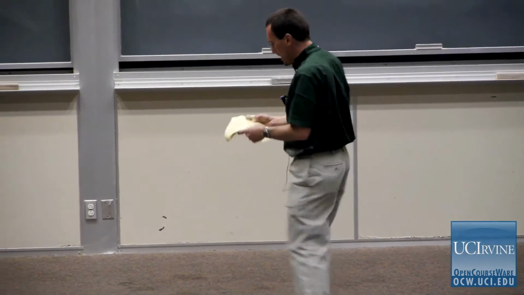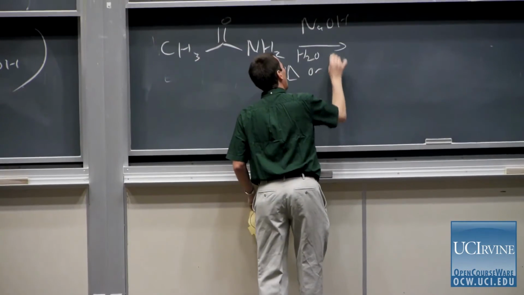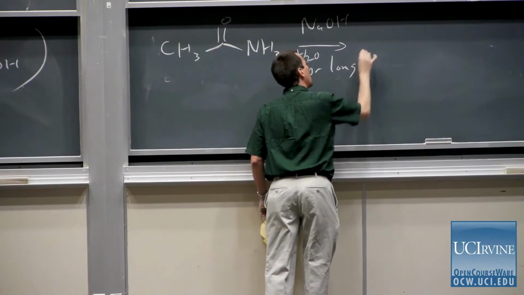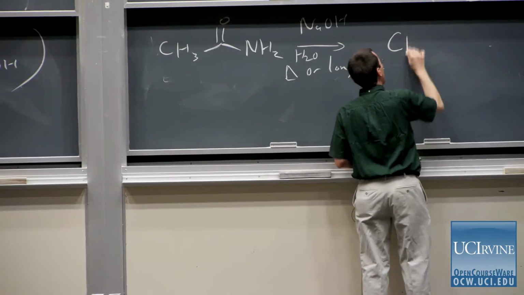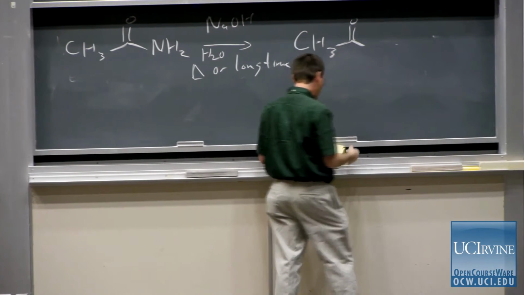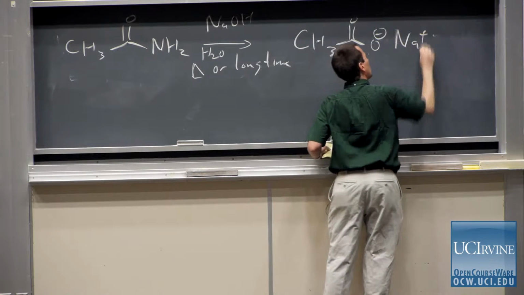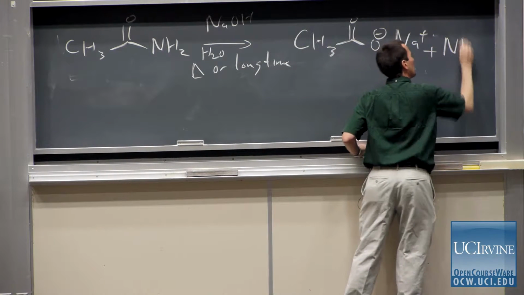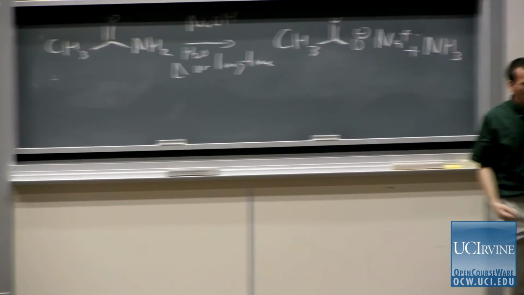I'd say long time or heat to make it react. So let's say delta or long time would be how I describe this. And again, we get hydrolysis, we get cleavage by the sodium hydroxide to the carboxylate salt, and in this case, since we have a primary amide, to ammonia.